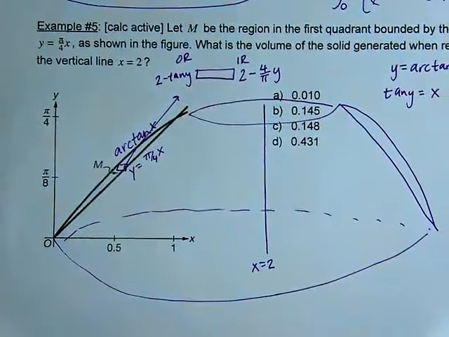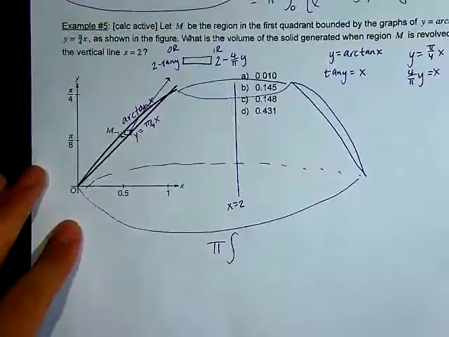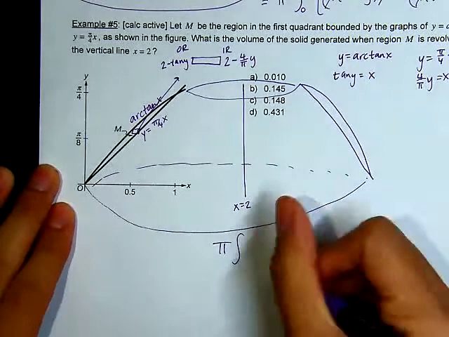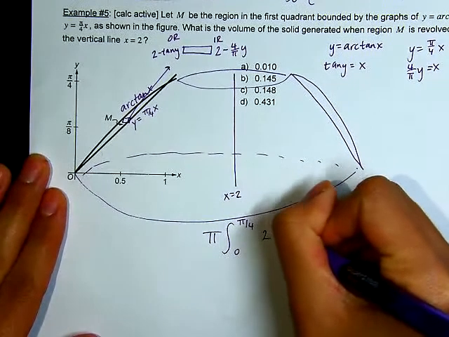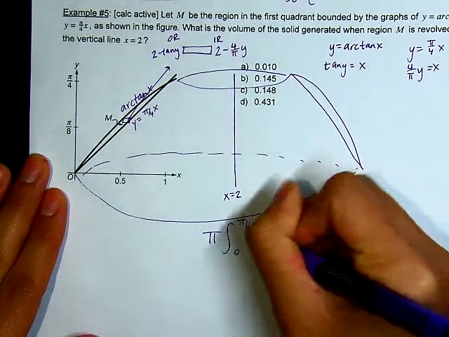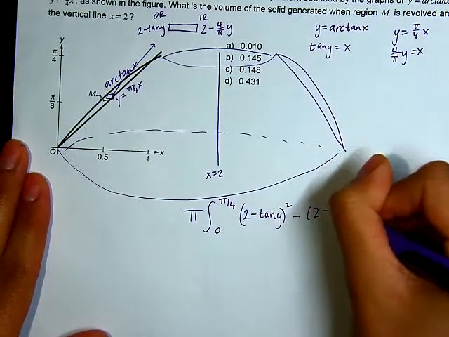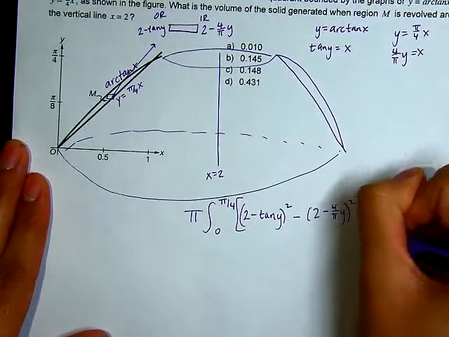Okay, let's set up using our formula, plug it into your graphing calculator. Again, we need to use y values, so I'm going to go from 0 up to pi over 4. My outside radius is 2 minus tangent y squared minus 2 minus 4 over pi y squared dy.